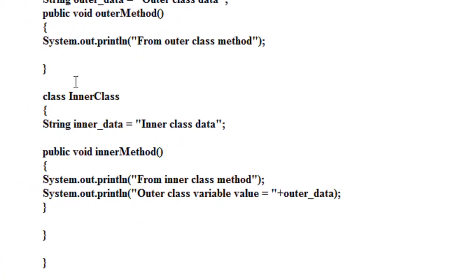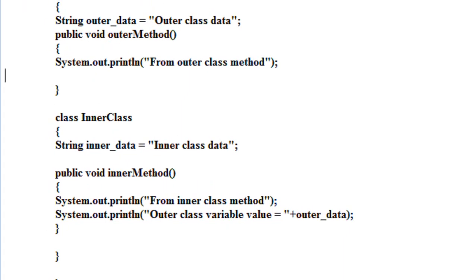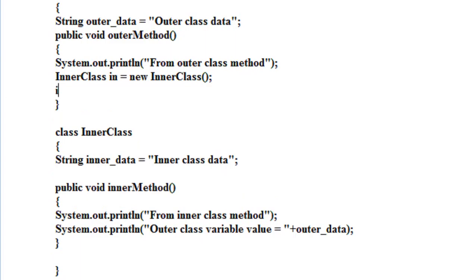Okay, now within this method I'm going to create an object of the inner class. Inner class in is equal to new inner class. I just create an object of the inner class, and by using that object I call that method called inner method.